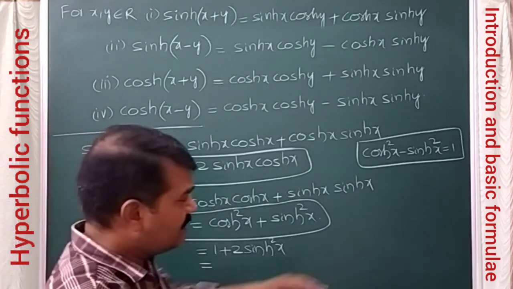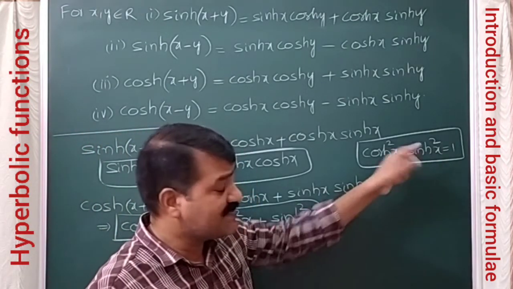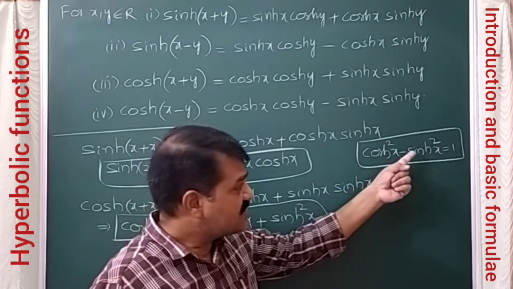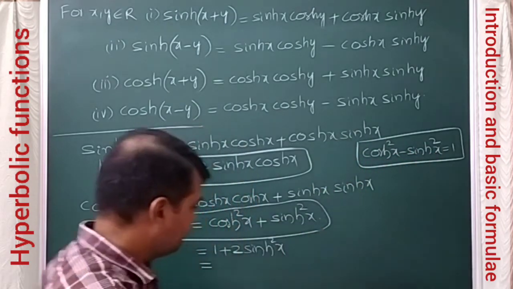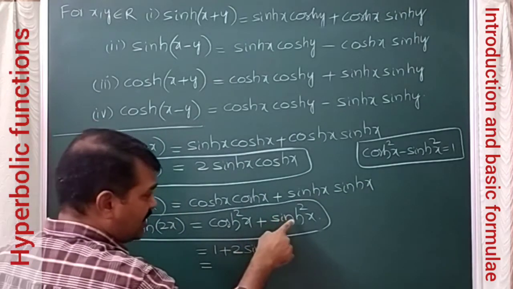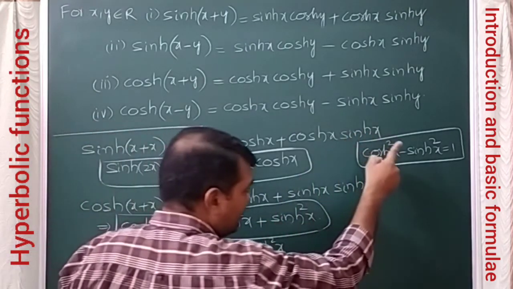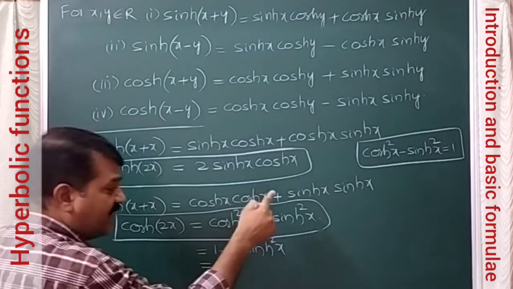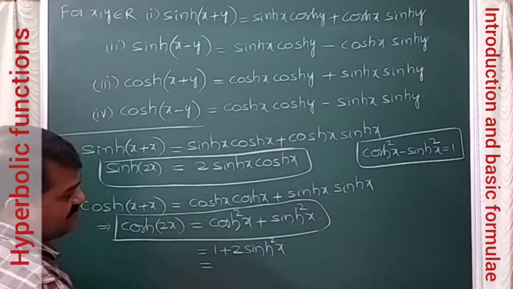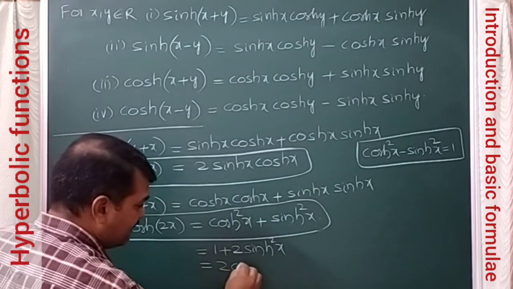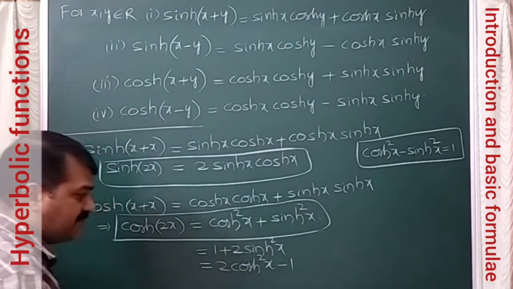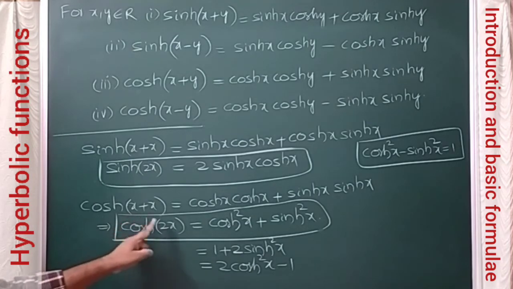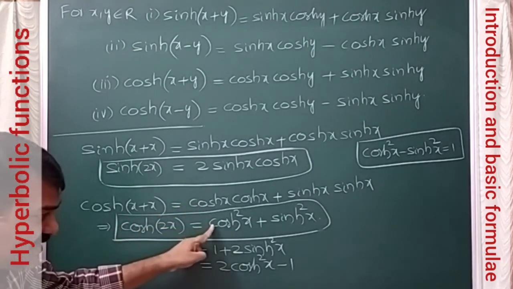Now, what is sinh square x from this formula? Sinh square x becomes cosh square x minus 1. So in place of sinh square x, using this formula, if we write cosh square x minus 1, we will get the formula like this, 2 cosh square x minus 1. So for cosh 2x, the basic formula is this one.